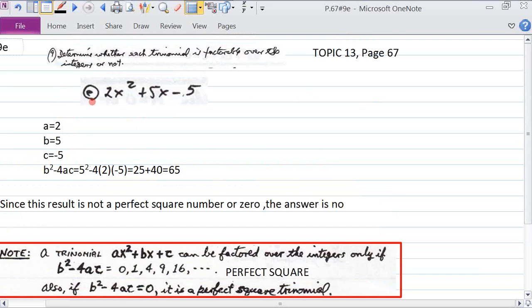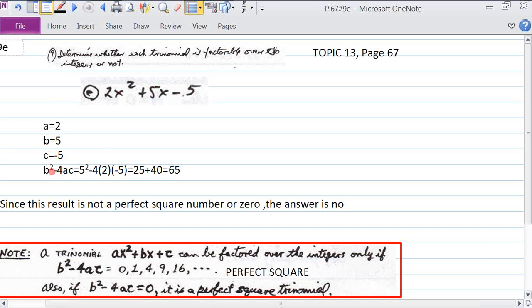So if we go back to this one here, a is the coefficient of x squared, which is 2. b is the coefficient of x, which is 5. And c is this number here.